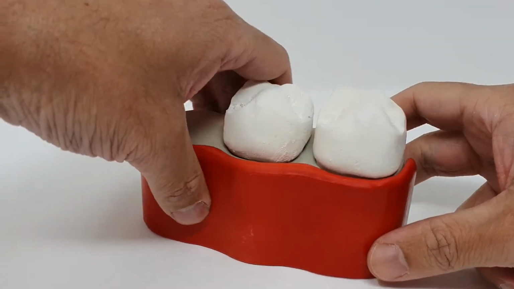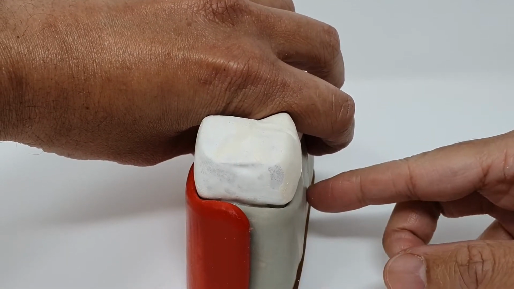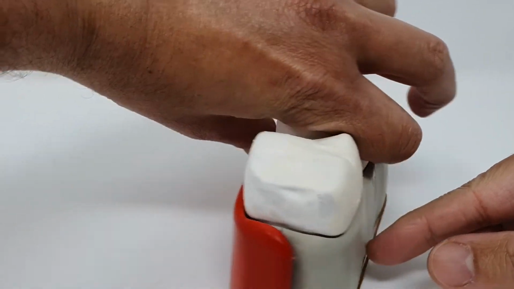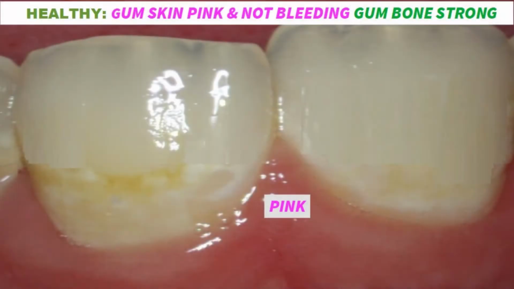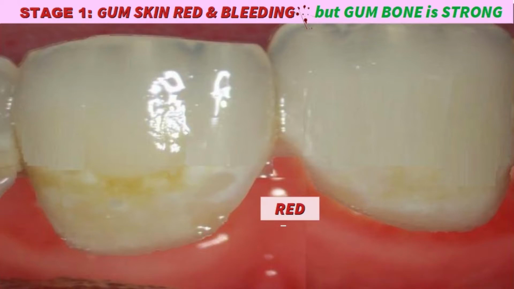But the bone underneath is still very strong. So when you look in your mouth, it goes from healthy gums like this to stage 1 of gum disease with red bleeding gums like this.